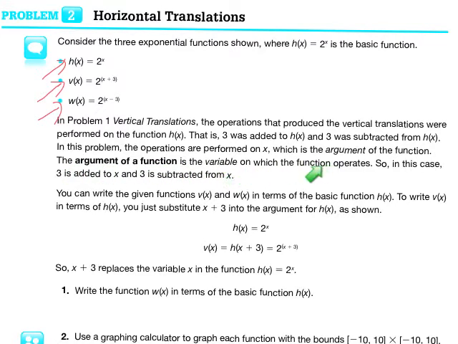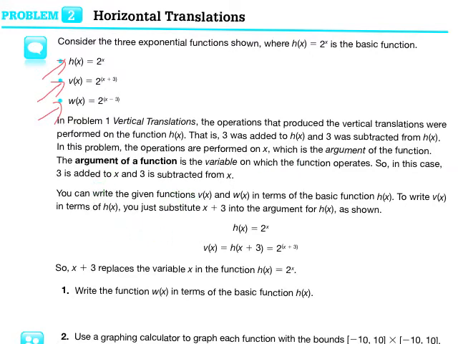We can read this sentence: the argument of a function is the variable, the thing that we're plugging in, and on which the function operates. So in this case, 3 is added to the x, and 3 is subtracted from the x. It's a little mathy, but we can see that visually.